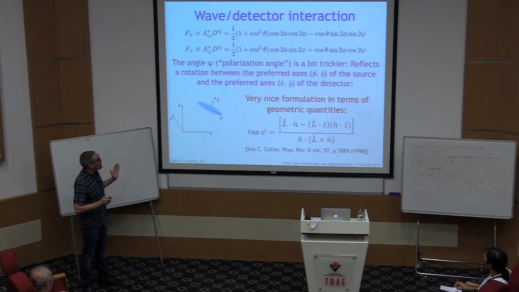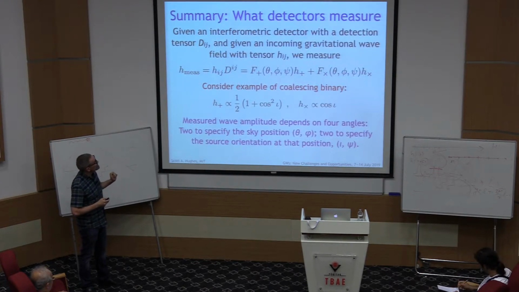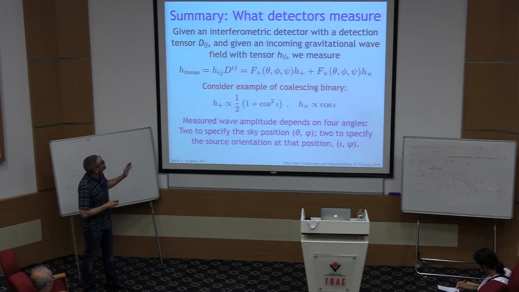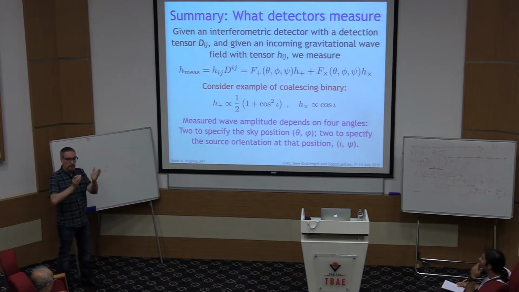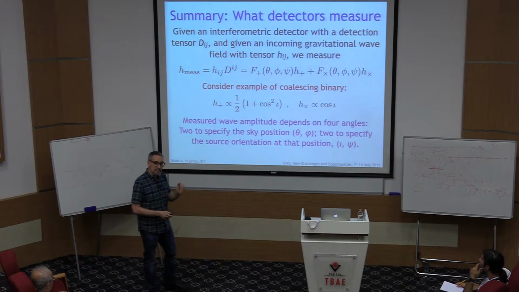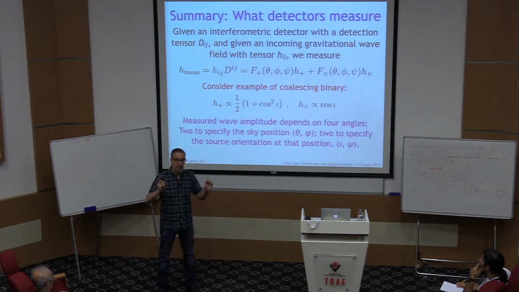Okay, so at the end of the day, the important thing for us is that we have this quantity that depends on a total of 4 angles. There are 3 angles that specify the geometry of the way that the detector responds, and there's a 4th angle that defines the ratio of these 2 polarizations. You can think of them as the 4 angles that define 2 unit vectors that define the geometry of the source.